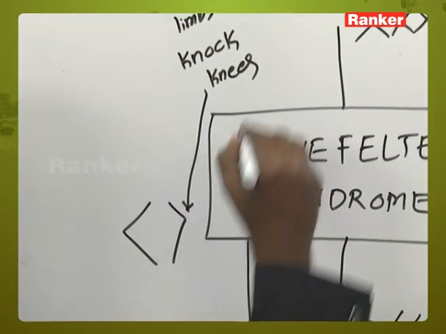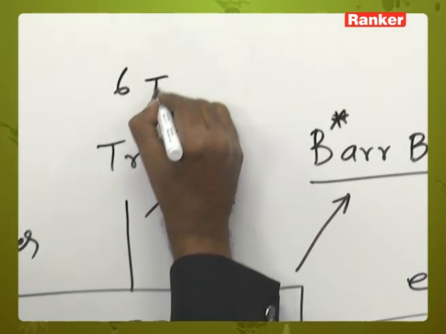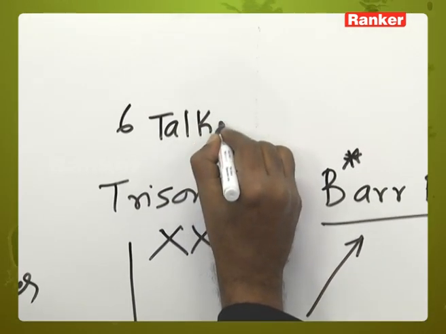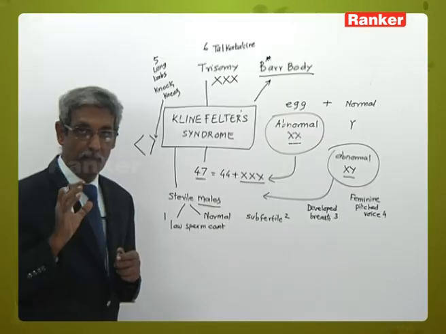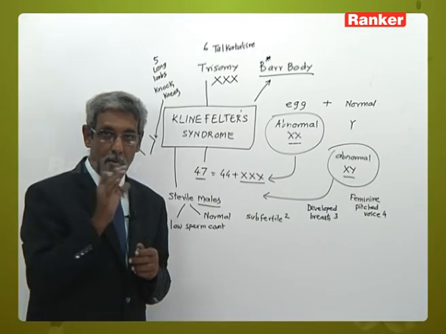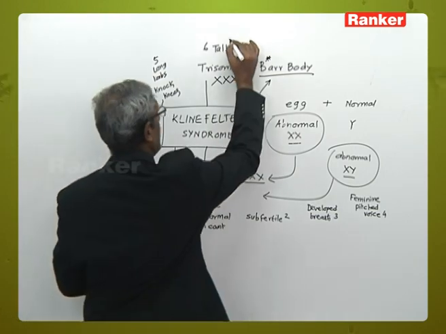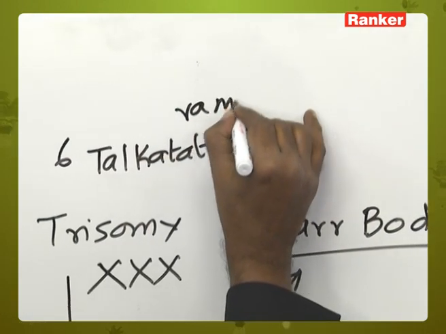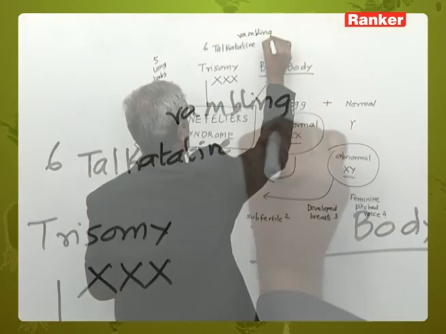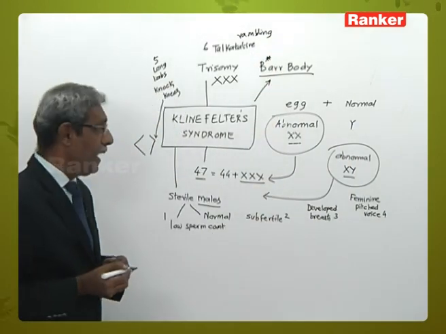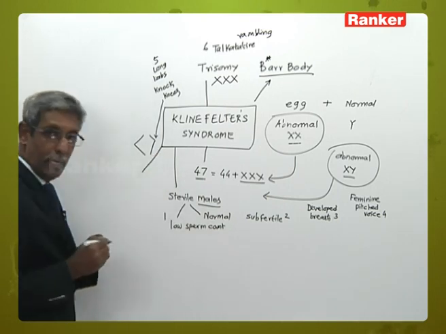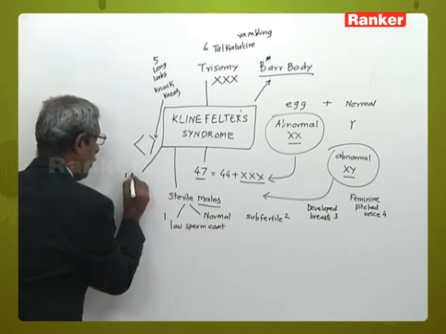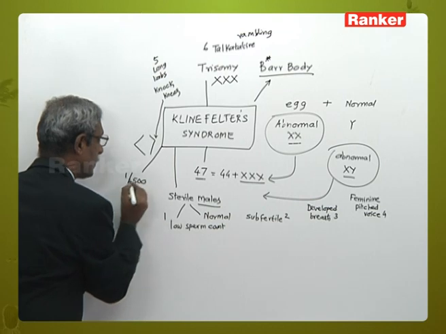And they have a rambling, talkative nature; the words which they spell out are odd. So it is a sort of syndrome which shows a rambling talkative nature. And the probability of occurrence of Klinefelter syndrome in a normal population is 1 by 500.